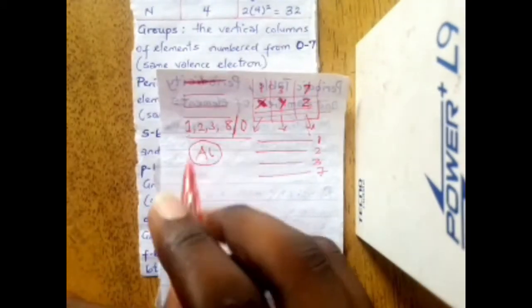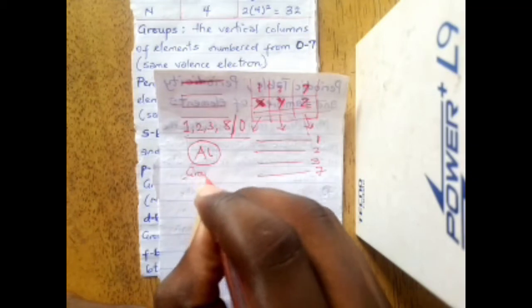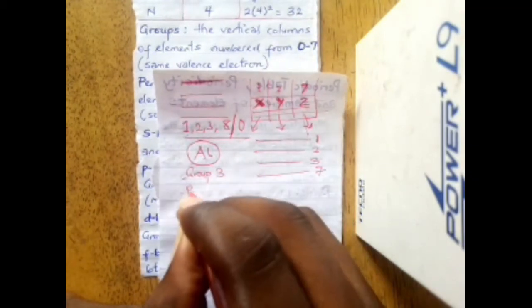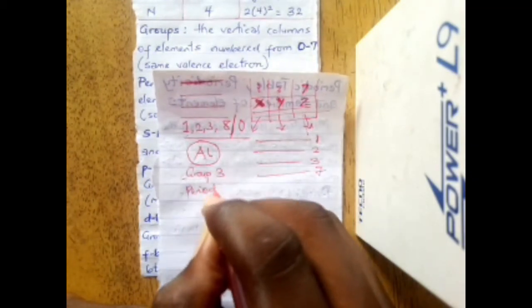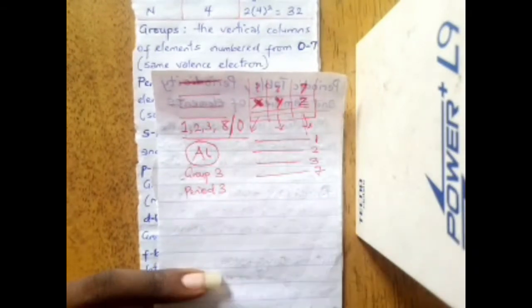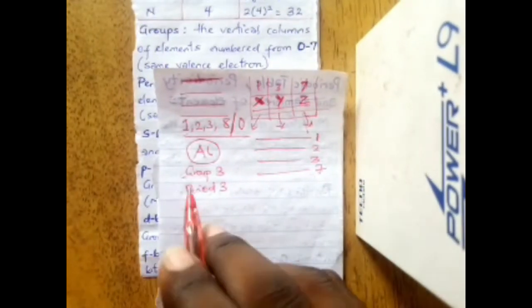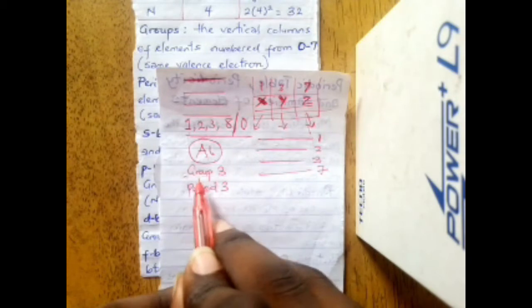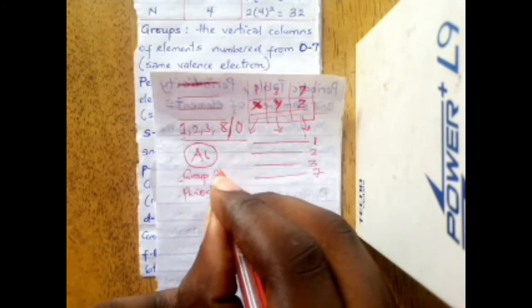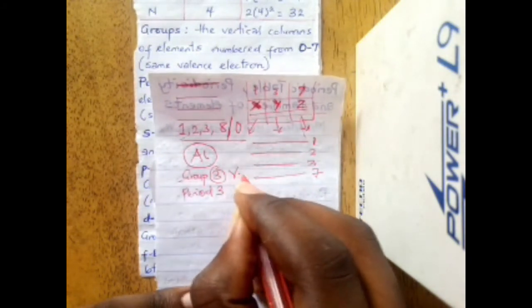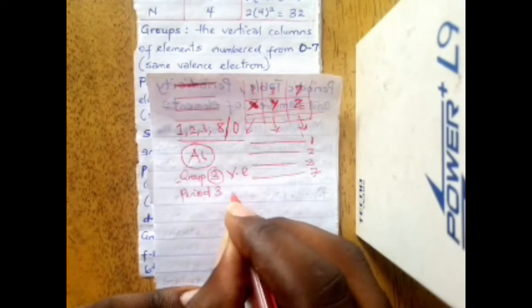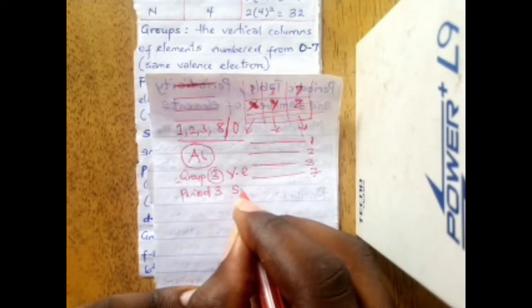So aluminium is a member of group 3 and also a member of period 3. What this tells us is simple: aluminium has 3 valence electrons and 3 shell numbers.